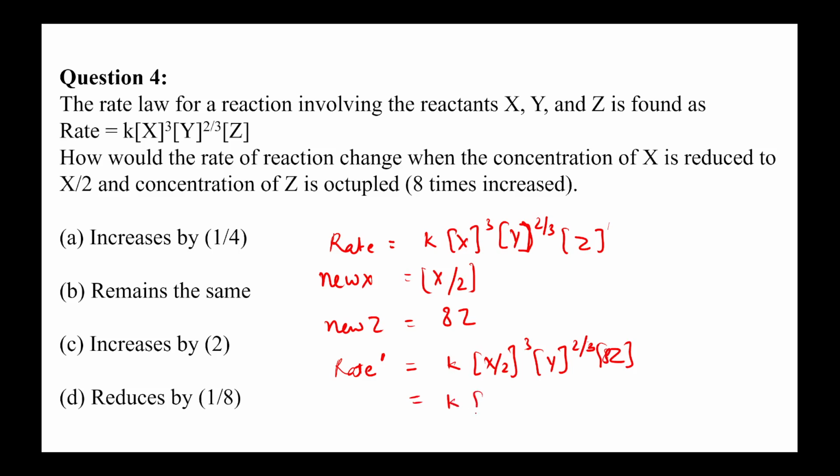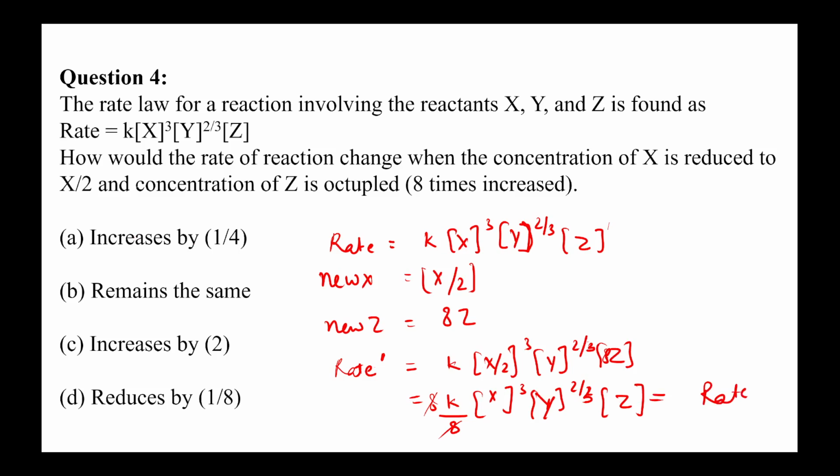We can also write it as, now 2 cube is 8, so this will be x cube by 8, and we can take the 8 outside, and then y raised to the power of 2 by 3 and z, and we can take the 8 from the numerator also outside. So this will get cancelled and the new rate will be equal to the old rate.